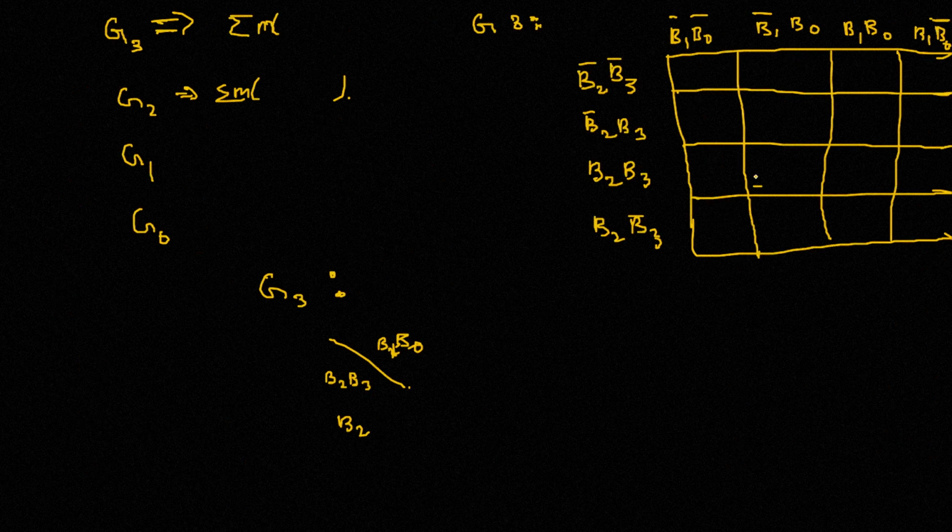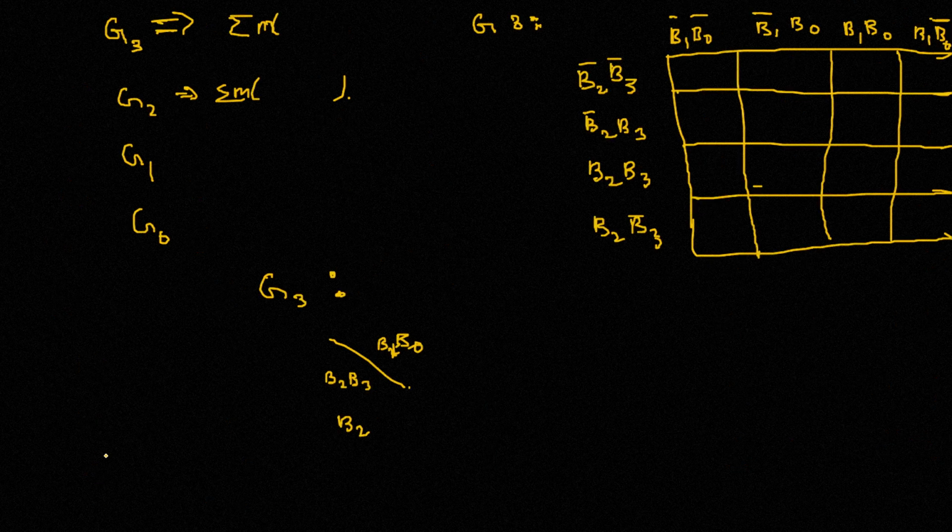So upon calculating the entire thing, like you can see, G3 will not become 1 until the value of B3 gets to 1. Only when B3 is 1, you get the value of G3 as 1.